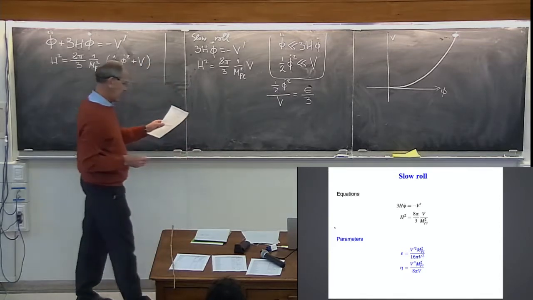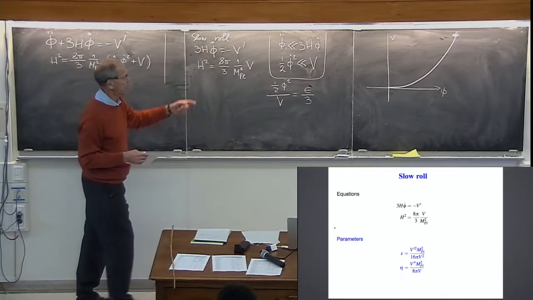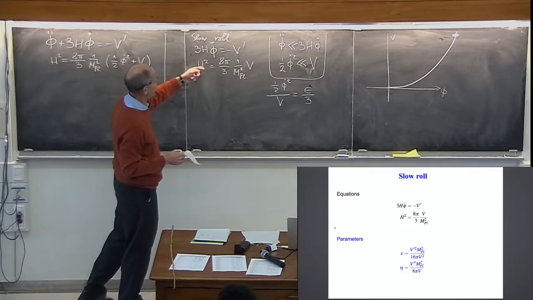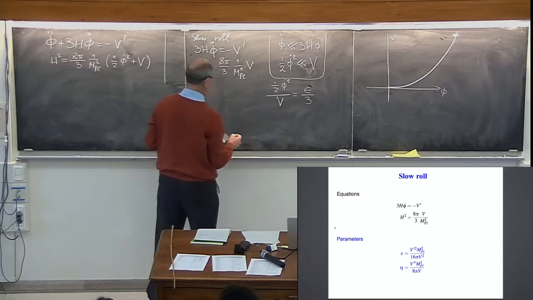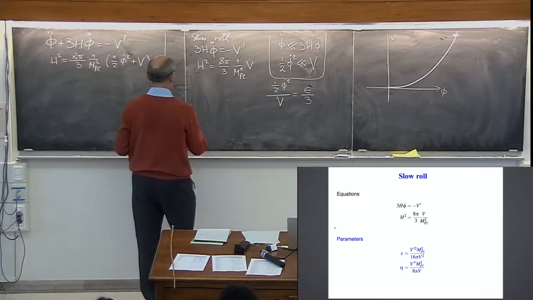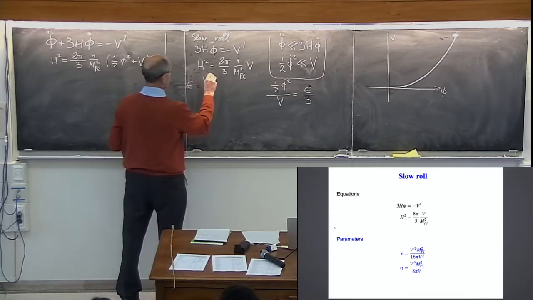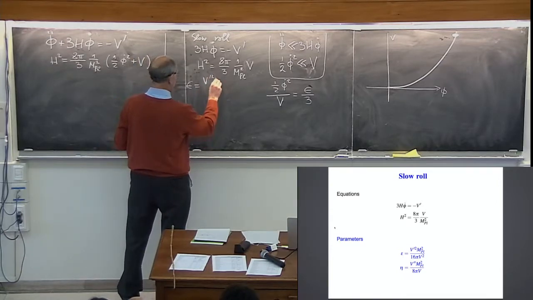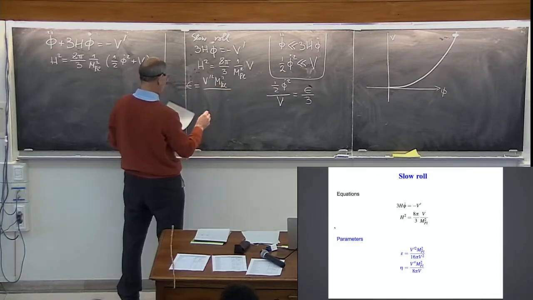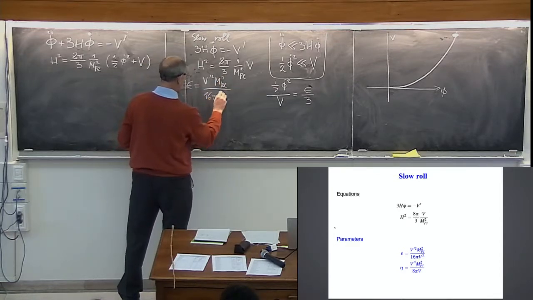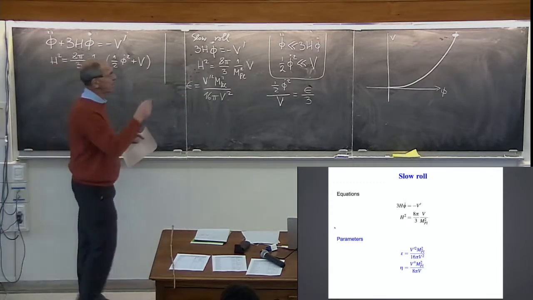You don't need anything but these equations here. And this epsilon is the famous slow roll parameter, which is v prime squared m Planck squared over 16 pi v squared. That's what's written up there.